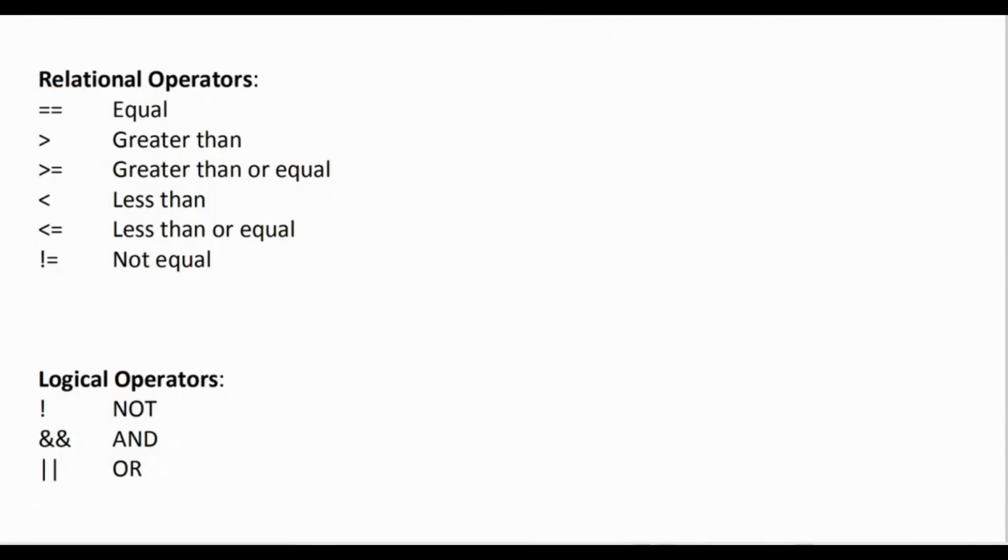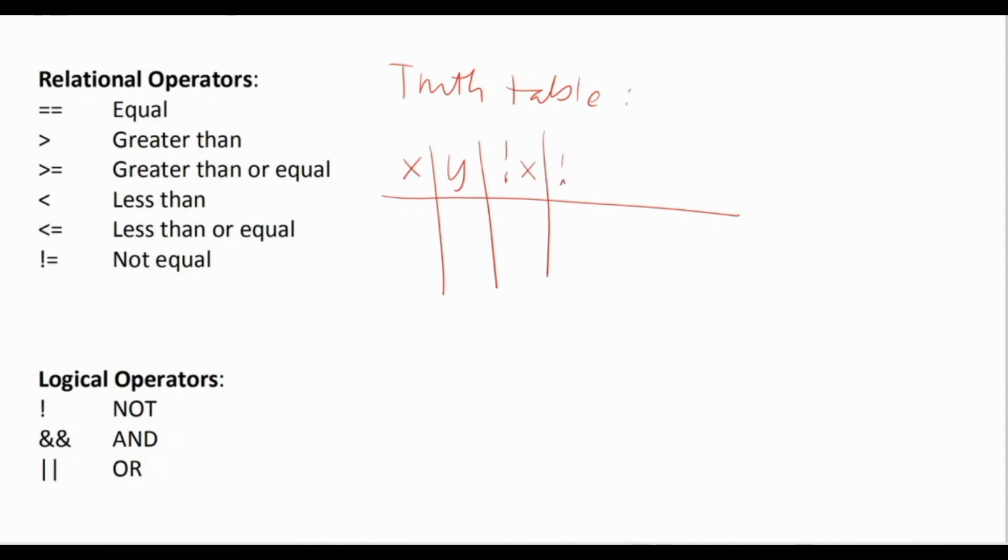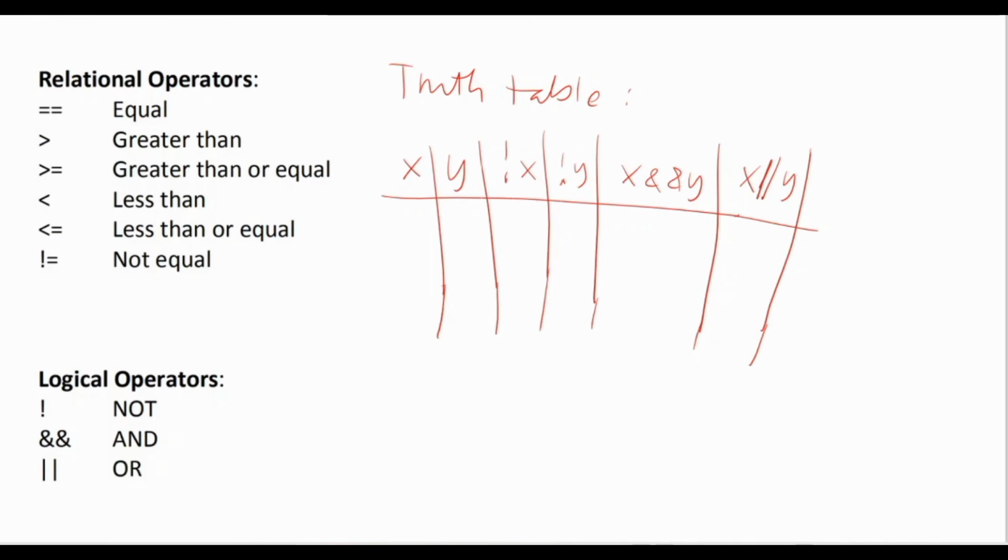Now, let's try to review the truth table of the logical operators. Say, for example, this is operand x and operand y. We have here not x, not y, then we have x and y, then we have x or y. If we are going to consider all combinations of the values, there will be 4, right?